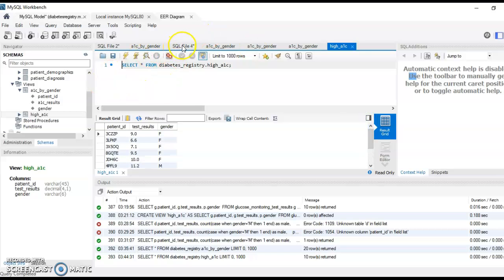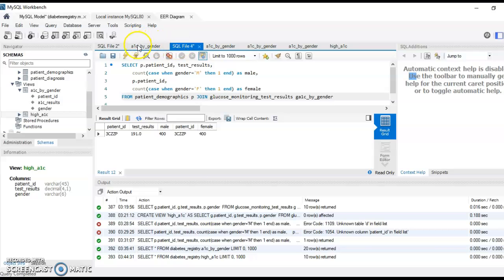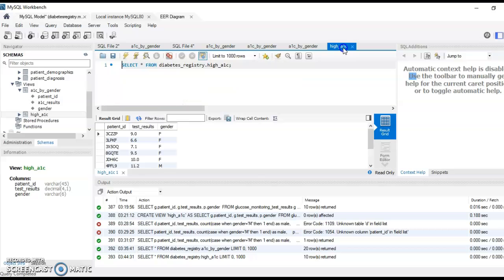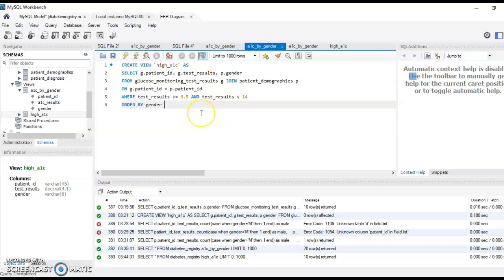I basically used the same statement as for the gender view, and I just changed the where clause.